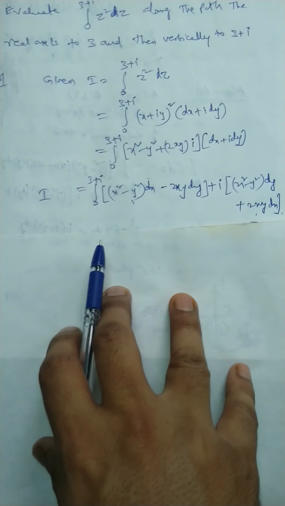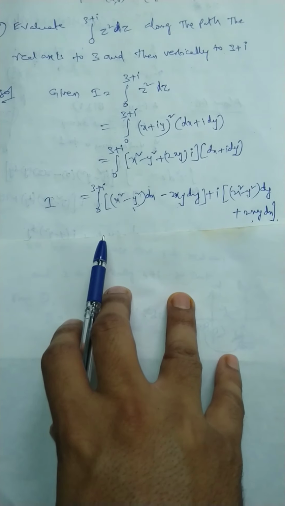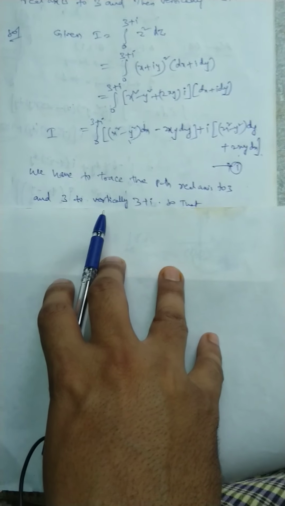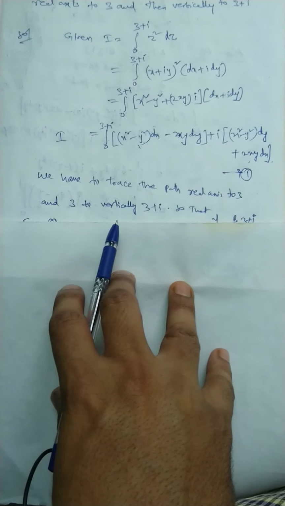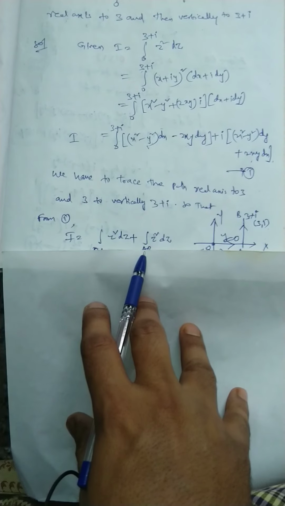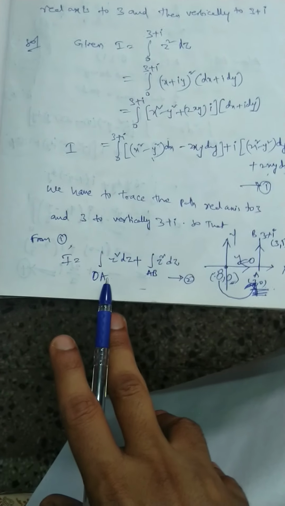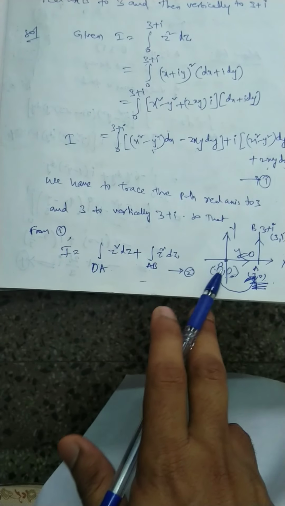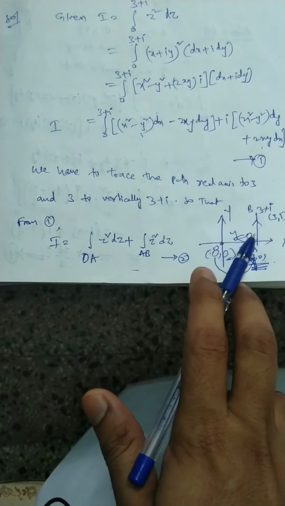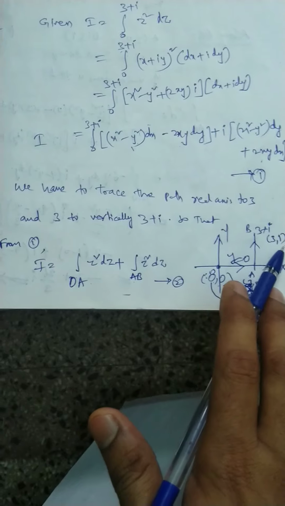Now according to the given path, to evaluate the line integral we have to trace the path from the real axis to 3 and then vertically to 3 plus i, so from equation 1 we can write the integral as two paths: along O to A horizontally from the origin to the point 3 comma 0 on the x axis, and then from A to B, the point 3 plus i, which can be written in coordinate form as 3 comma 1.